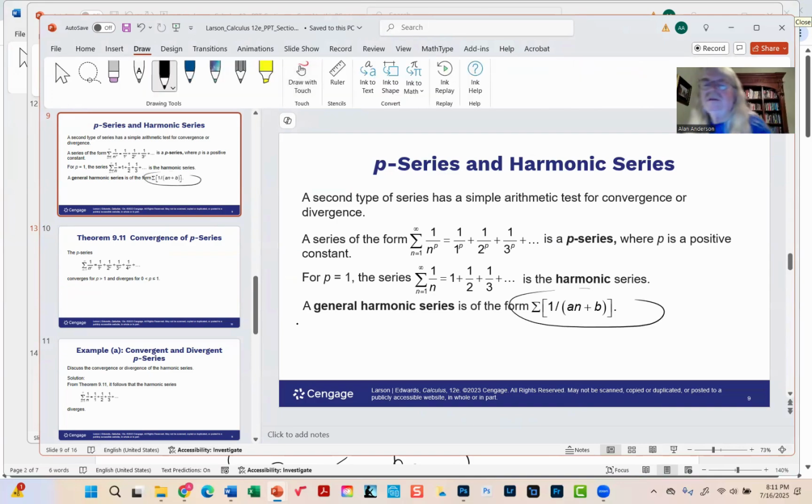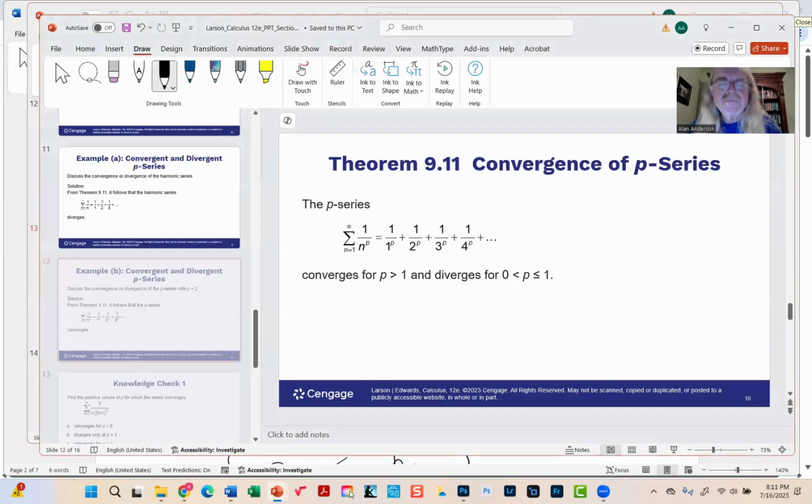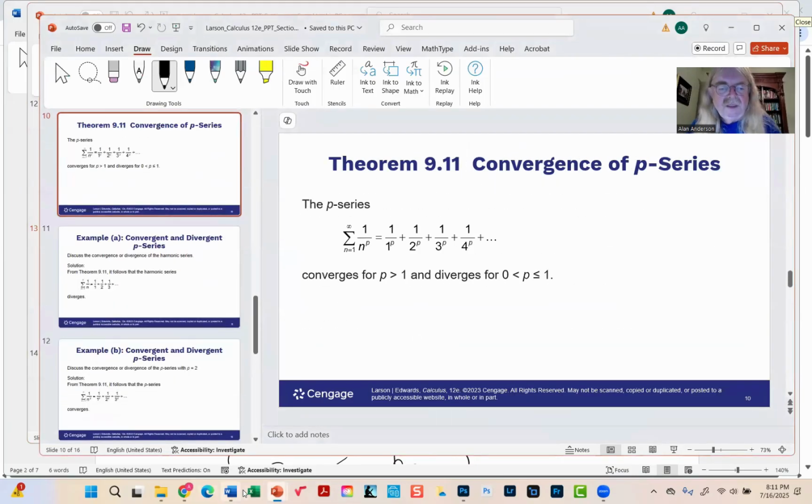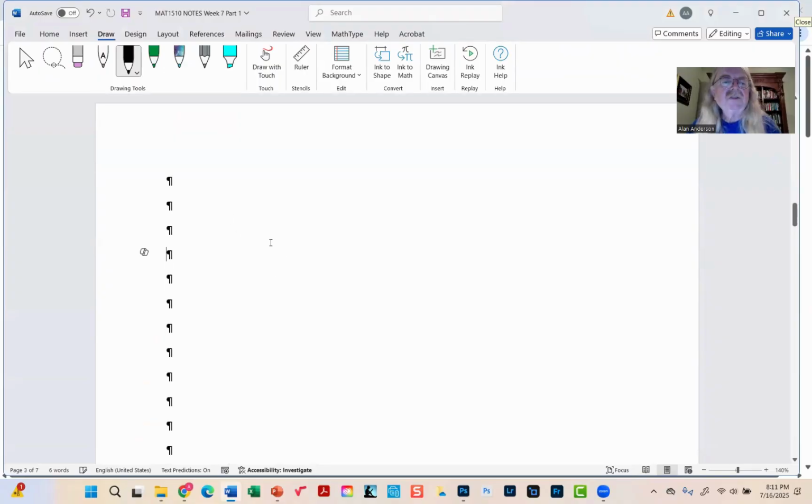Okay, that would be what it looks like. So what they want us to do here is show that between these two, it should be pretty clear, as long as a is positive and b is positive, that 1/n is always greater than this expression.